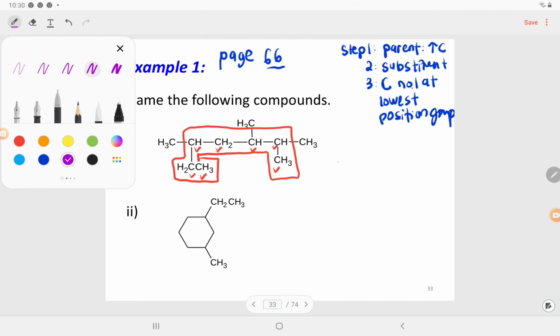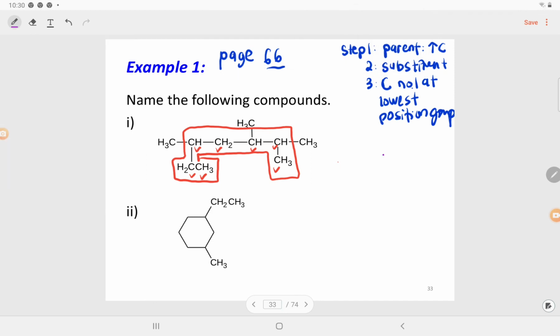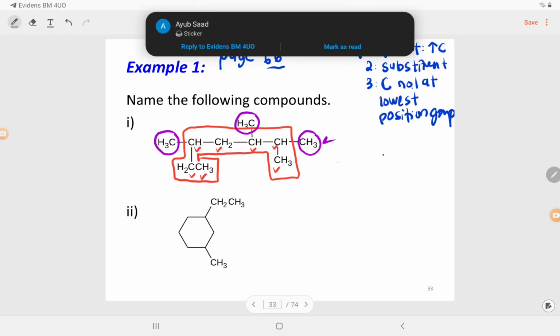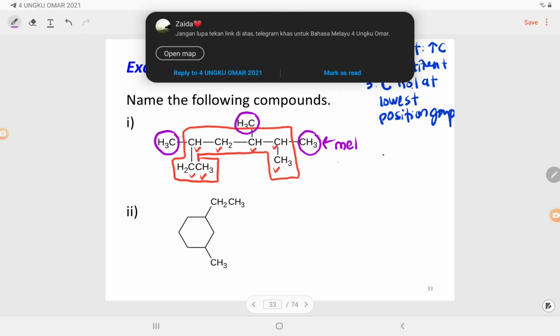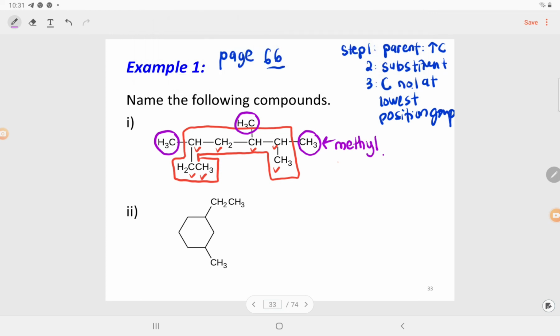So when we identify the substituent groups on your longest chain, we can find 1, 2, 3 substituent groups. We label these as methyl groups, because each consists of a CH3 group, and carbon number 1 must be at the end of the chain where the first substituent comes. So this carbon must be allocated carbon number 1, because your first substituent is closer to the end of the chain.